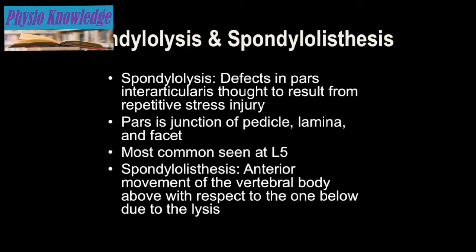The pars is the junction of the pedicle, the lamina, and the facet. We already reviewed the pedicle, so now we'll see where the pars is located in relationship to the pedicle. The spondylolysis is usually seen at the lower lumbar levels, L4 and L5. And spondylolisthesis, like I said, will be a change or movement of the vertebral body in relationship to the one below.